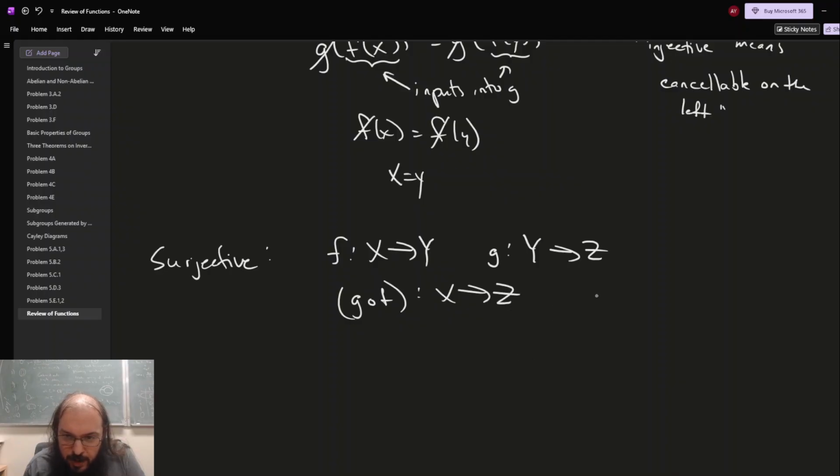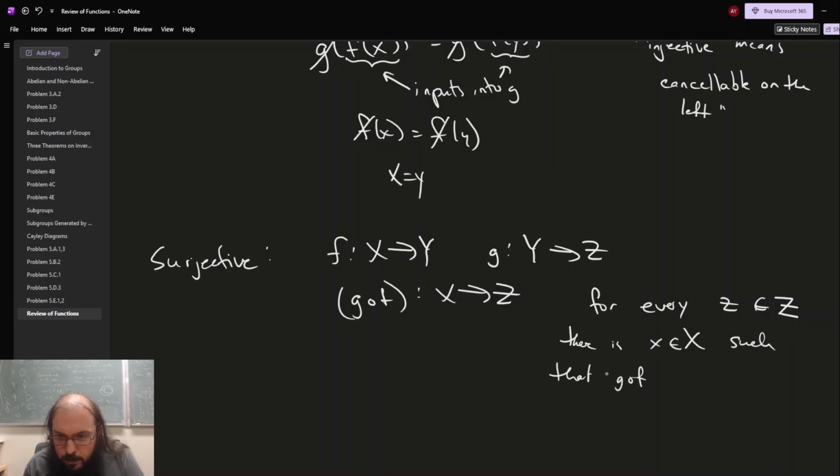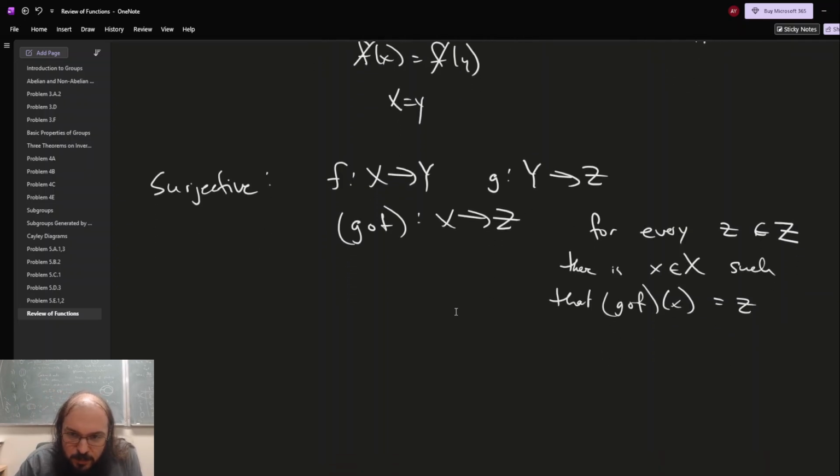And we need to show that for every z in big Z, there is x in big X such that g composed with f of little x equals little z. And again, we do this basically in two stages. Actually, let's not get ahead of ourselves. Let's again write down what we're dealing with. We need to show that g of f of x equals z.